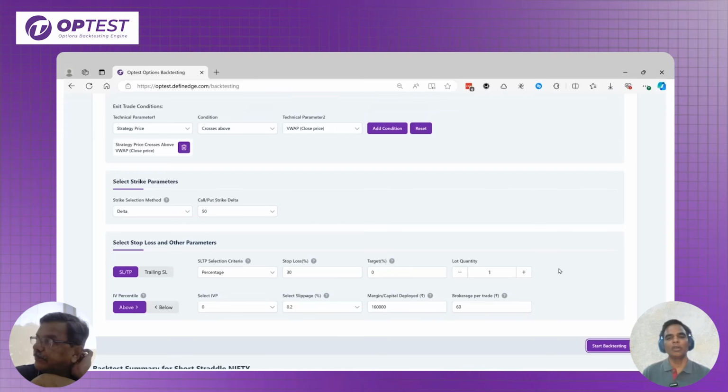So we will see how this strategy performs. As I've shown you, there are multiple strategies that you can test, both directional as well as non-directional. So let's say somebody wants to do momentum strategies. They can use a long call strategy on VWAP to enter the long call trades.